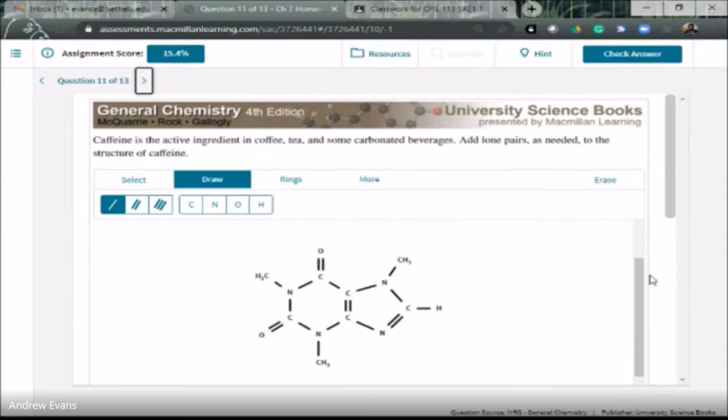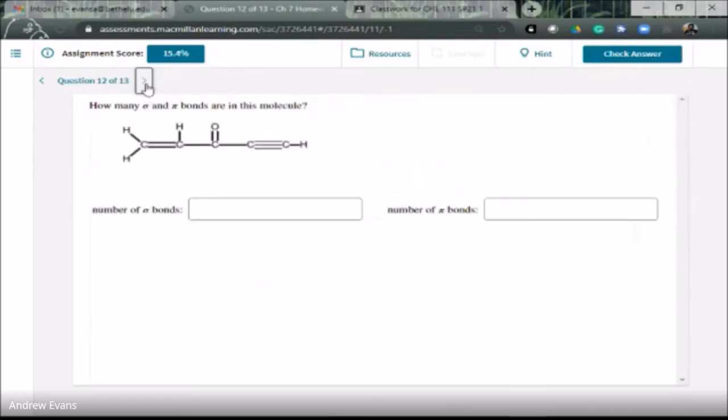So depending on how many things you see coming off the atom, you need to add electrons until it has 5. Oxygen should have 6. Add electrons until it has 6. And that'll be the safest thing you can do.